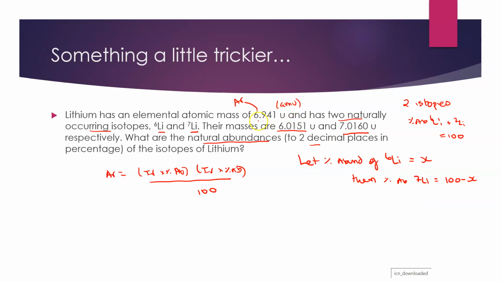So we're going to take the values from the question. Our relative atomic mass is 6.941. Then we're going to take the relative isotopic mass, so for lithium-6 is going to be 6.0151 multiplied by its percentage abundance, which we defined as X.